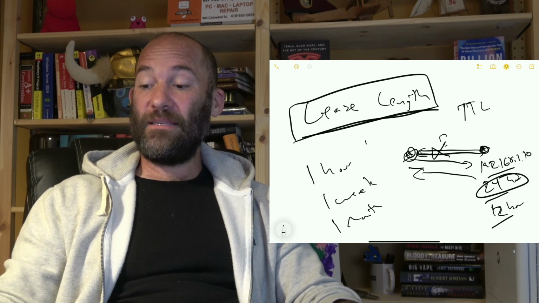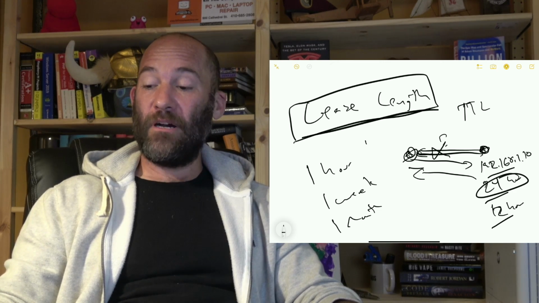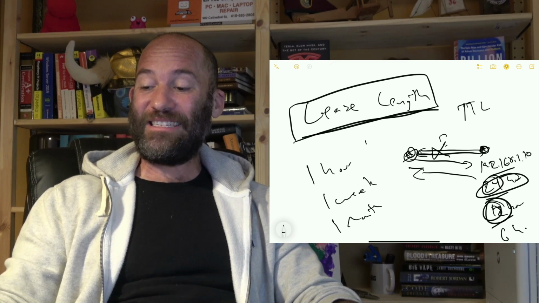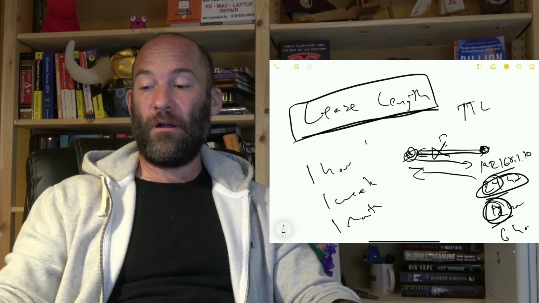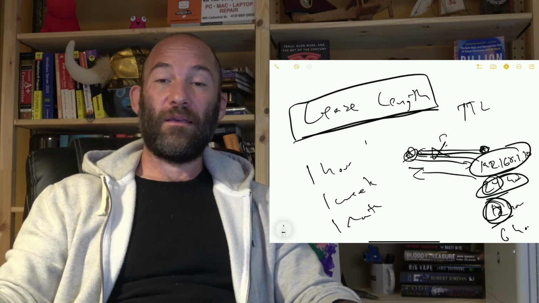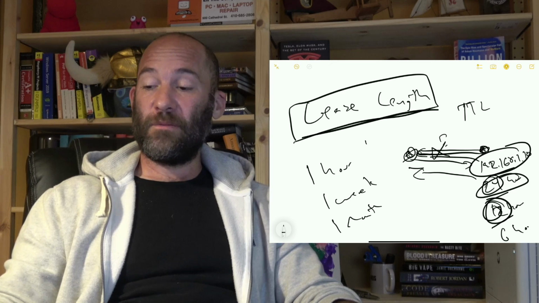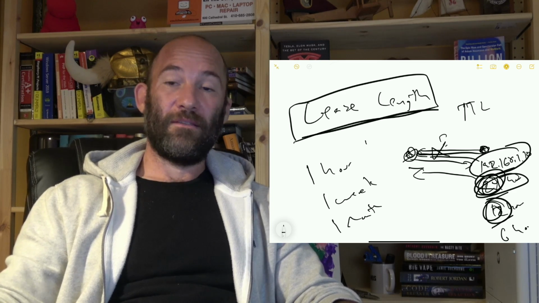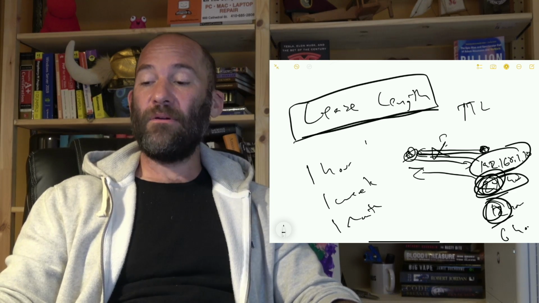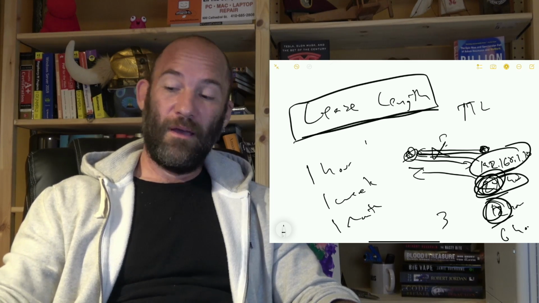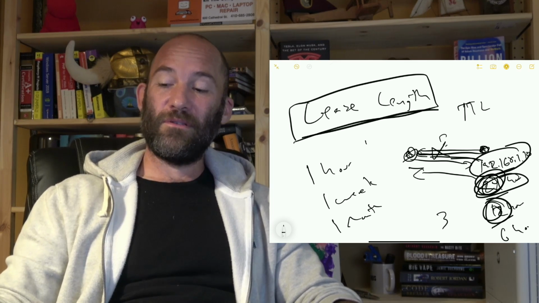Once that lease length is then half as much as it currently is, so it goes from 24 to 12 to 6 hours, at the 6-hour mark the computer will try to communicate with the DHCP server again. If the DHCP server responds, the lease length gets reverted back to the 24 hours. If it doesn't respond, then it waits till it gets to the 3-hour mark, then tries to communicate with the server, so on and so forth.